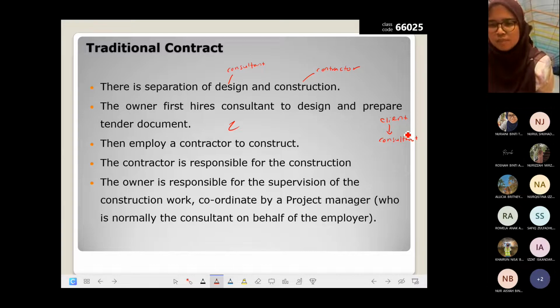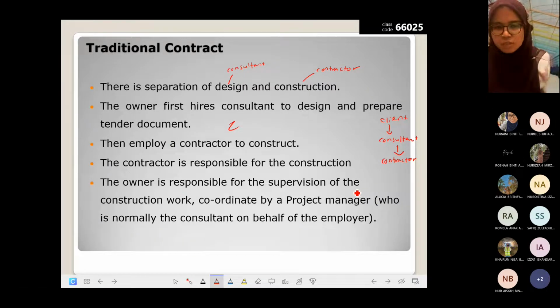Okay, lepas dia dah design semua tu, and then barulah client akan decide nak open tender, and then dia akan carilah contractor. Okay, dah ada design, dah ada spec semua tu, then contractor akan bid for the tender. Okay, so this is the separation lah. Consultant akan buat design, contractor akan buat construction. And then contractor responsible for the construction.